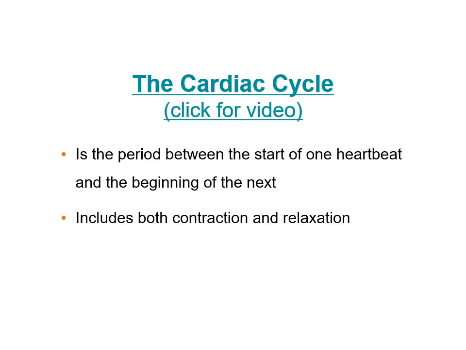So now that we talked about basic anatomy of the heart, we talked about the conduction system and regulation of the heart rate, I'd like to formally get into the cardiac cycle, even though we've talked about it several times already. The cardiac cycle is the period between the start of one heartbeat and the beginning of the next heartbeat, and includes both contraction and relaxation.